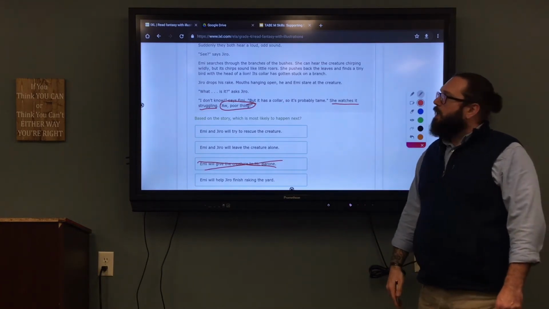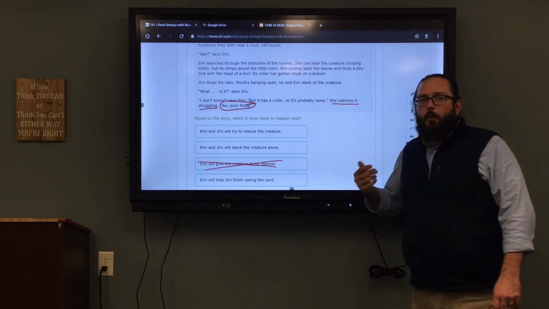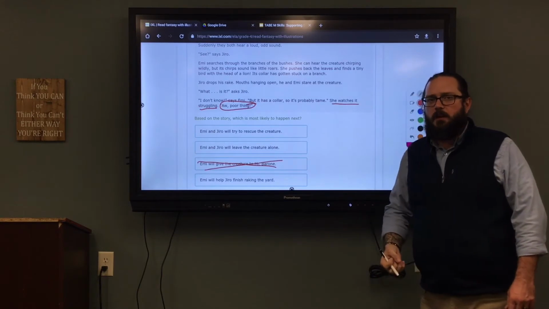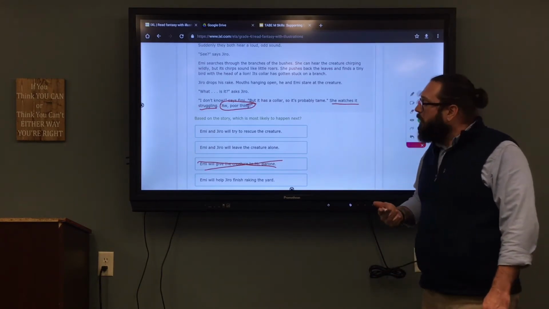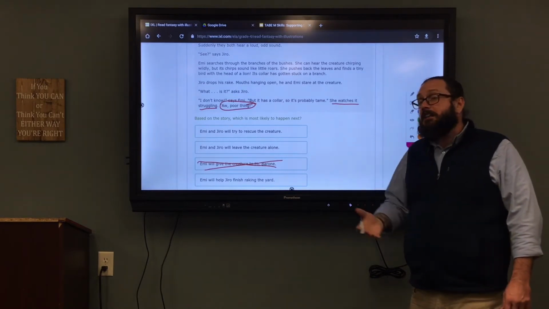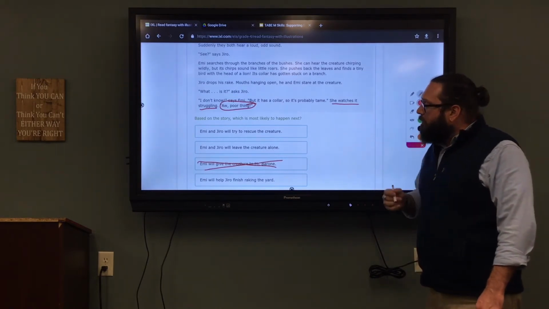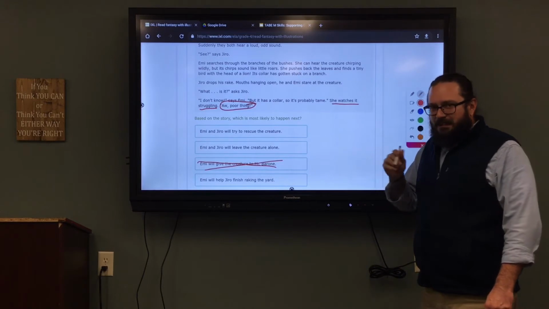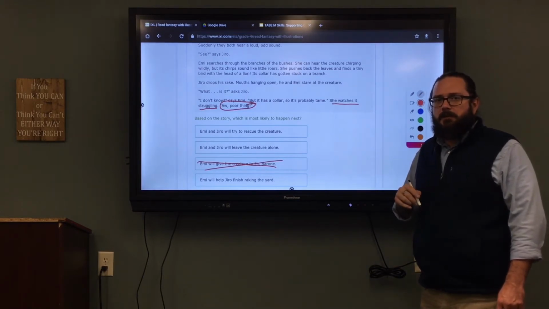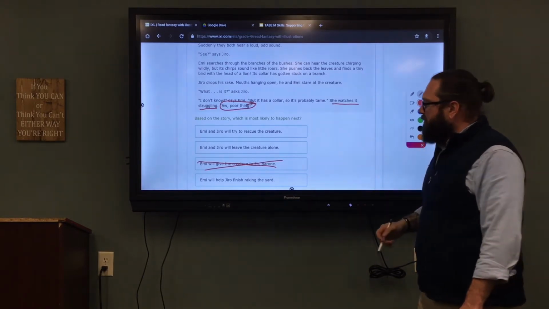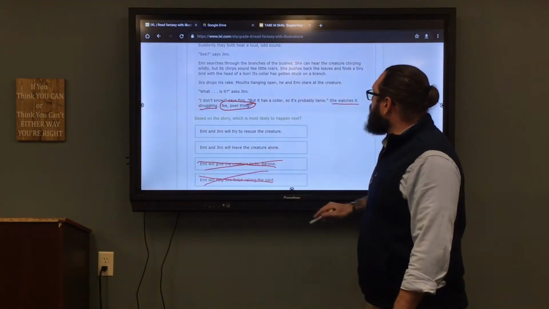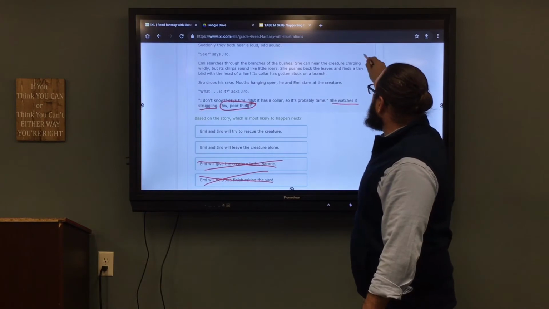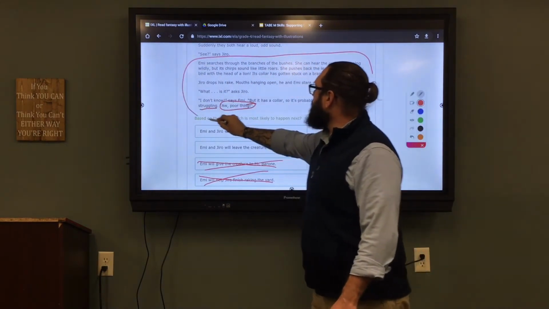Maybe, but what's got their attention right now? Is it the fact that they need to finish raking the yard, or that they want to try to do something about this creature? Seems to me like raking the yard is the last thing on their mind, just based on what we see in this part of the passage.